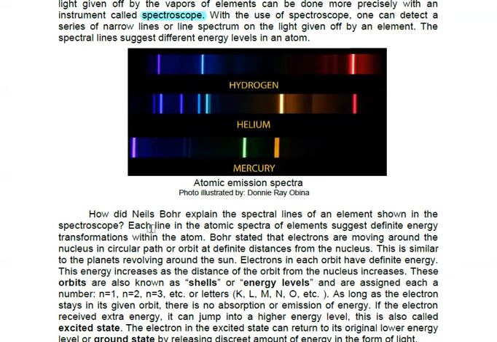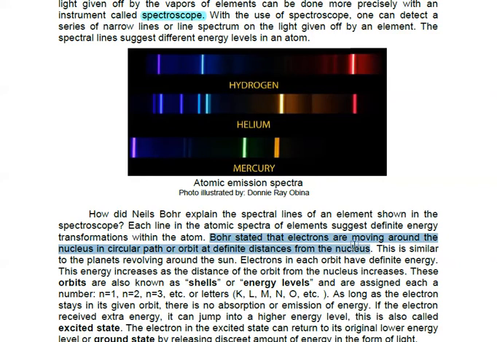Now, how did Niels Bohr explain this? He said that each line in the atomic spectra of elements suggests a definite energy transformation within the atom. There is energy transformation within each atom. Bohr stated that electrons are moving around the nucleus in a circular path or orbit at definite distances from the nucleus.